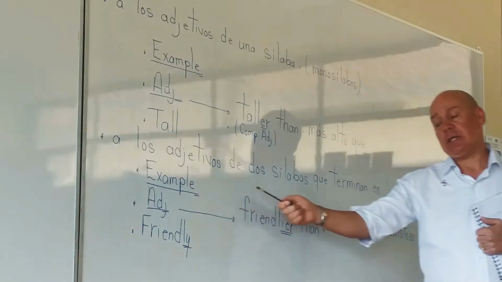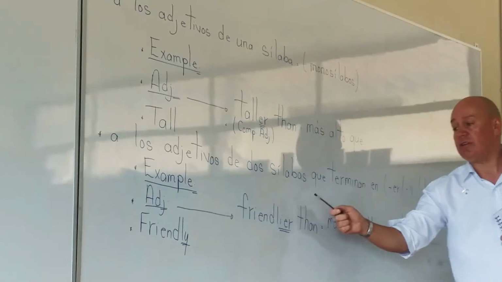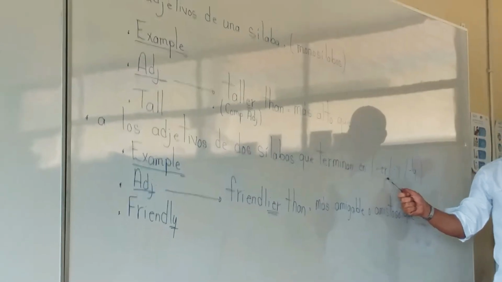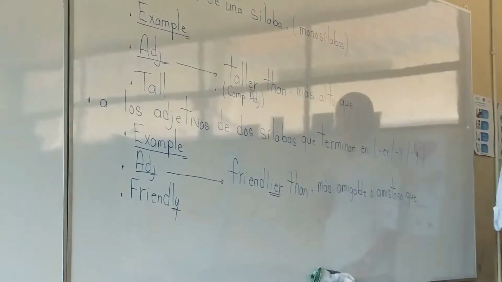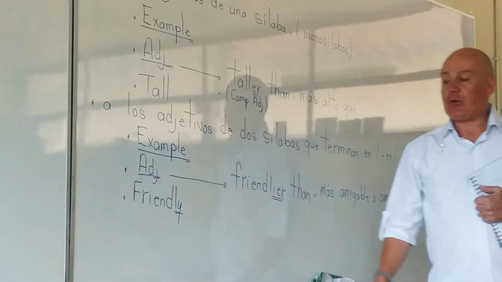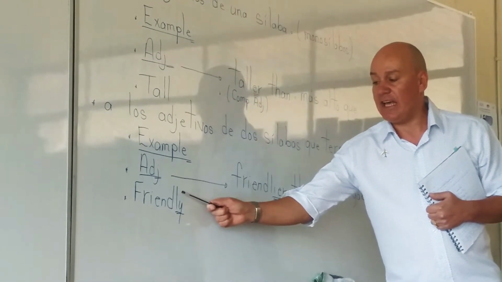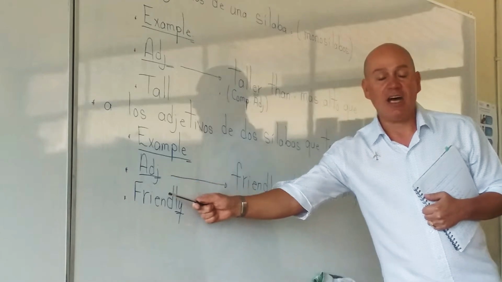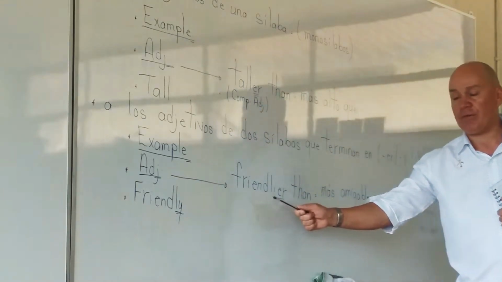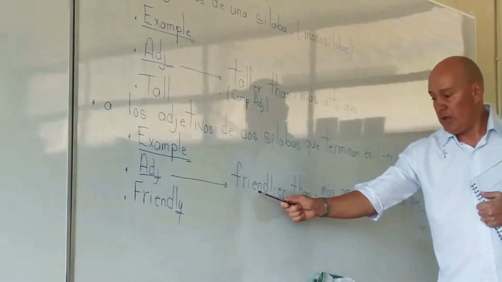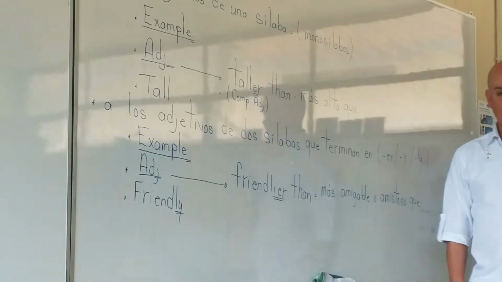Or to the adjectives of 2 syllables ending in er, y, or ly. Example, friendly is ending in ly and it has 2 syllables, friendly. And so, for the comparison, friendlier than.